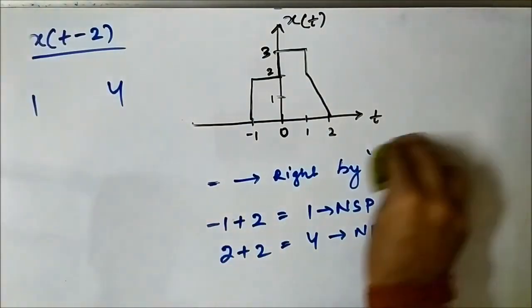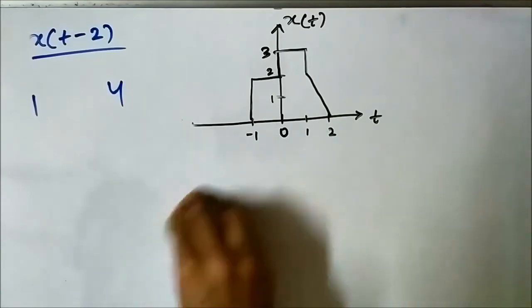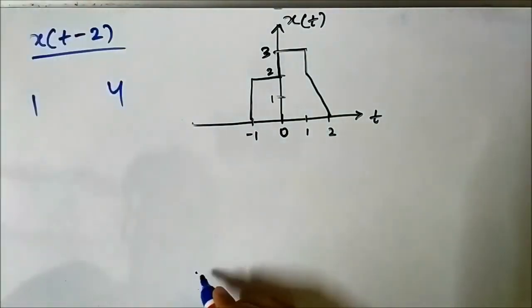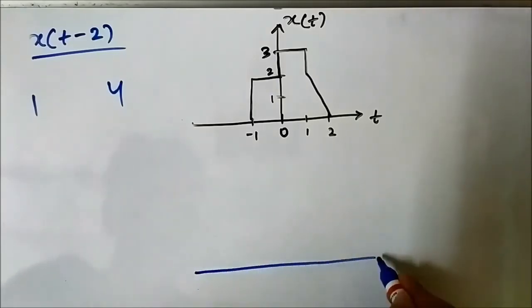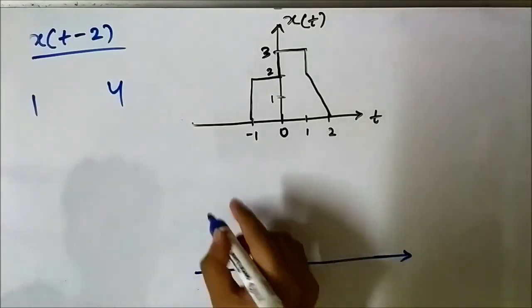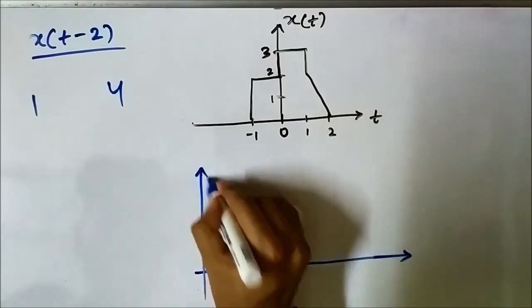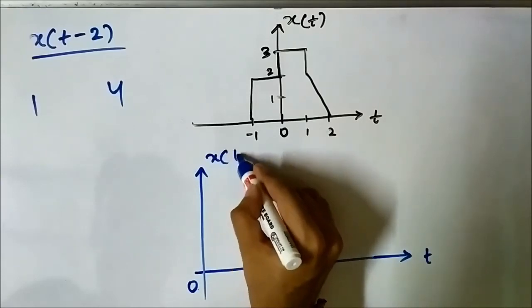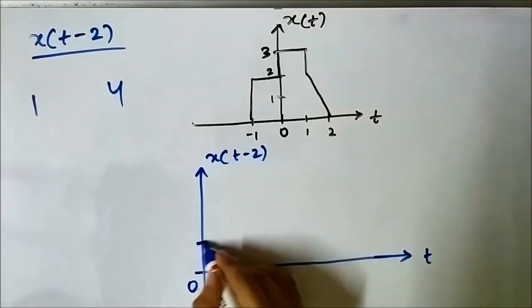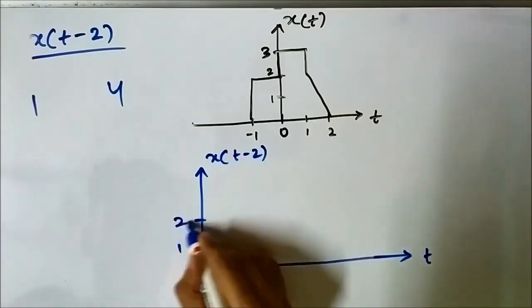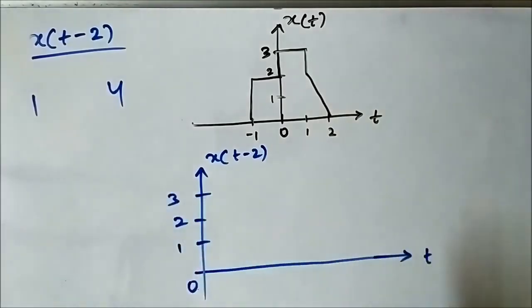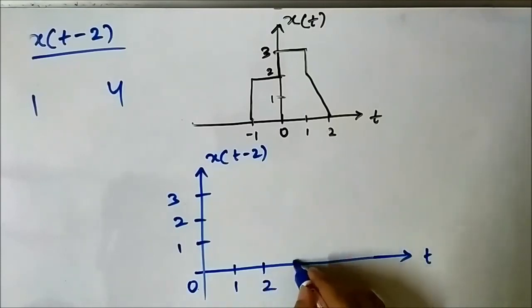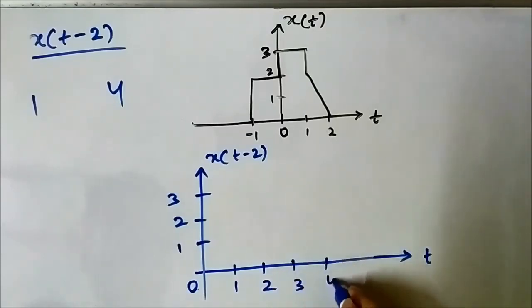Now let us perform the shifting. It is all on the positive axis, 1 and 4. So 0, x(t minus 2), 1, 2, 3, 4.